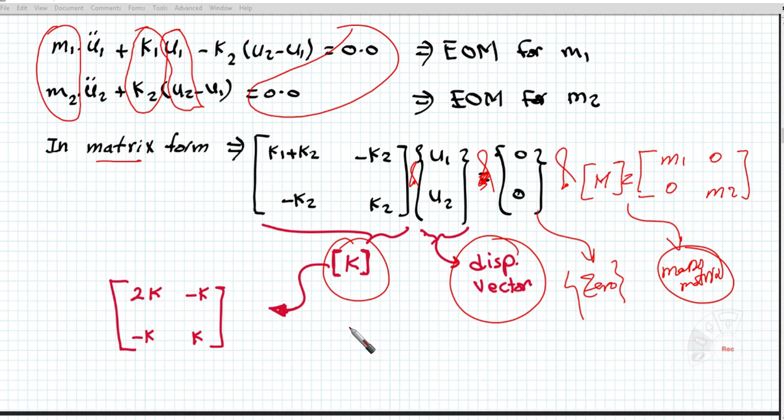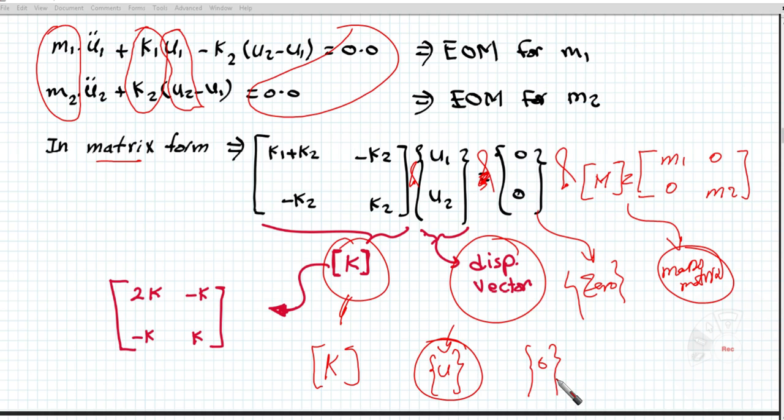So we have now the K matrix, and we are waiting for the U vector, which is the displacement. We have the 0, which is considered to be the forces applied in the system. We have the mass matrix.